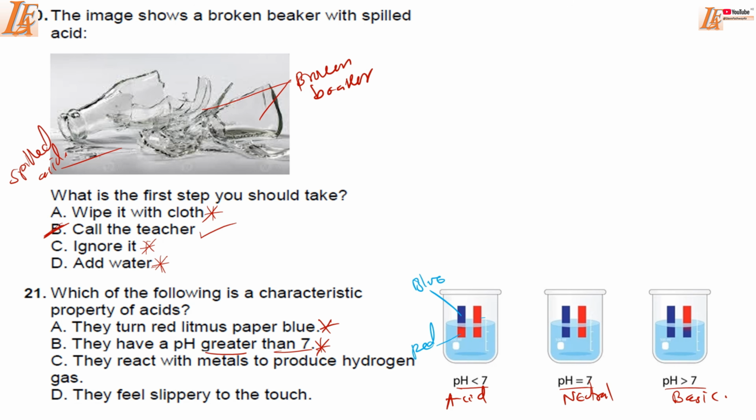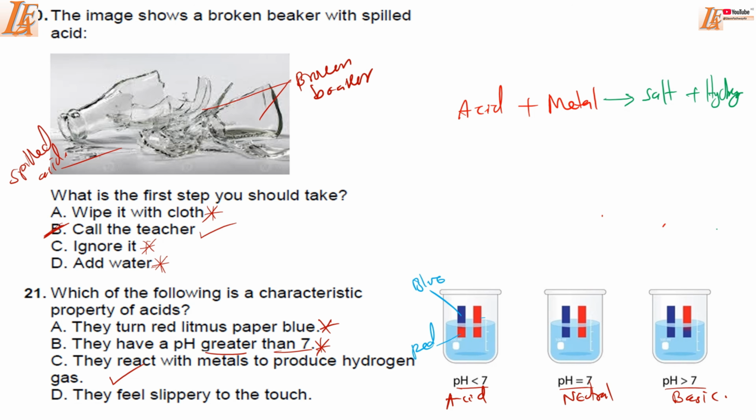Then C, they react with metals to produce hydrogen gas. This one is correct, because if you react an acid with a metal, it will produce a salt plus hydrogen.